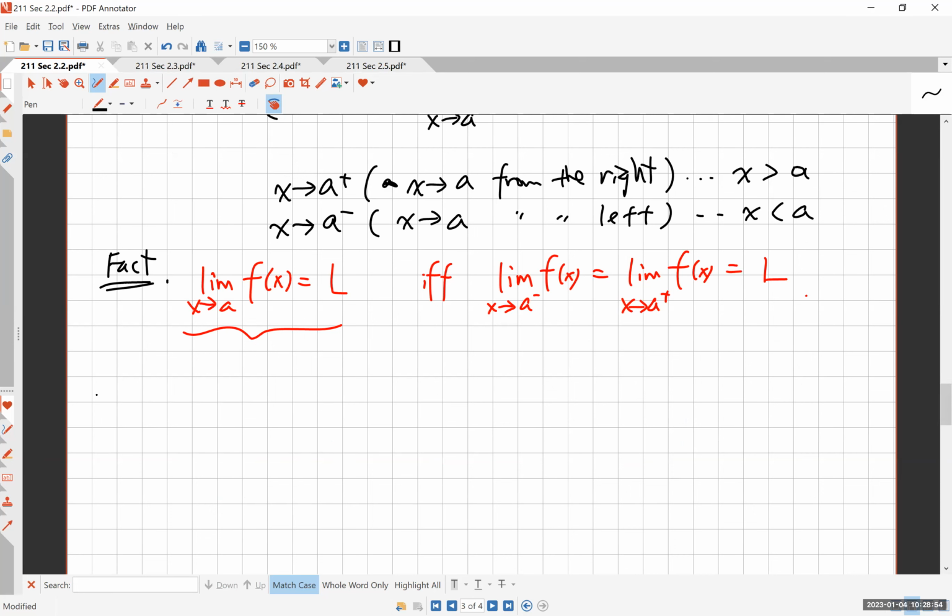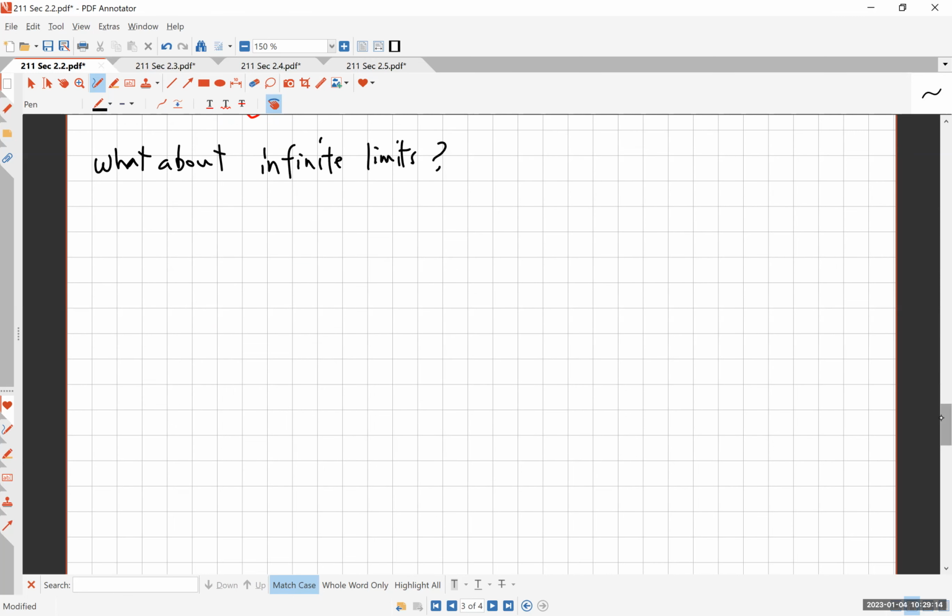So what about the case where the value of f of x goes to infinity? What about infinite limits? Again, I'm not going to elaborate on this because I think it's intuitively easy to figure out.